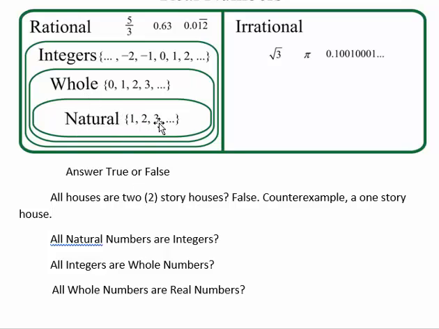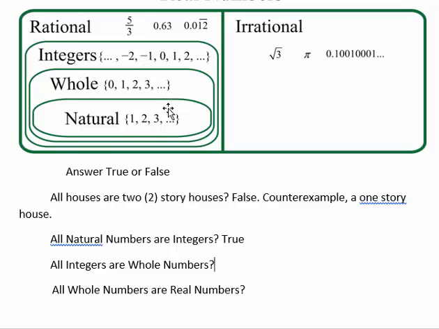Now the second one says all natural numbers are integers. And you can see that's true. Now if we reverse it, it says all integers are whole numbers.